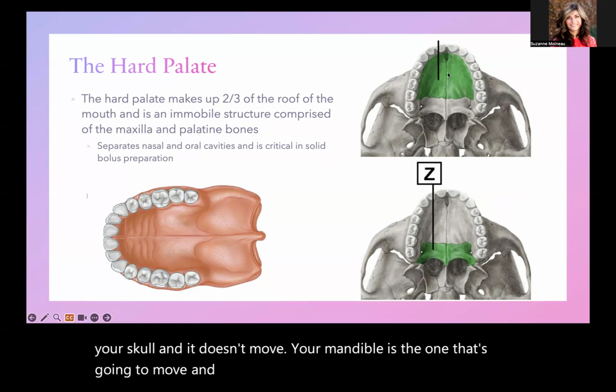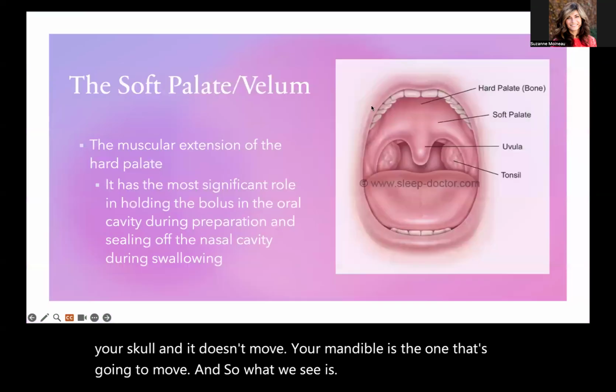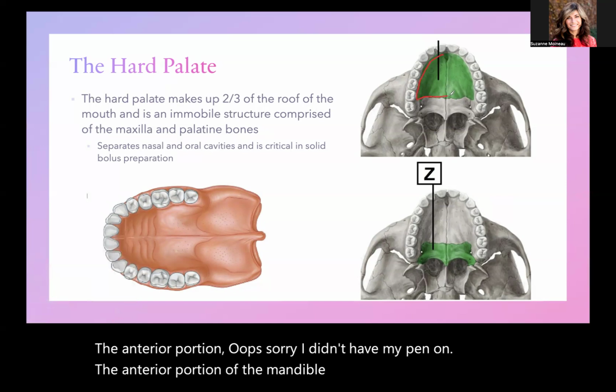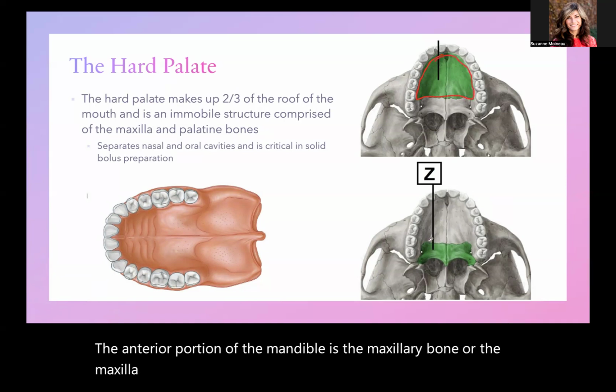And so what we see is the anterior portion of the hard palate is the maxillary bone or the maxilla. And then the posterior portion of the hard palate is the palatine bones.